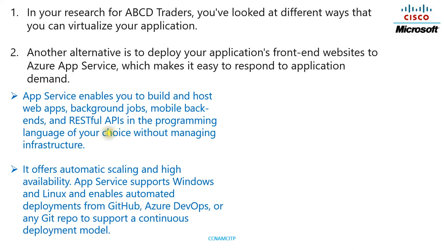So these are the useful things we have if we are going with Azure App Services. It gives you automatic scaling, high availability. Yes, we have multiple operating system support, and it is also supported by multiple deployment tools. So you should tell all those things first of all.